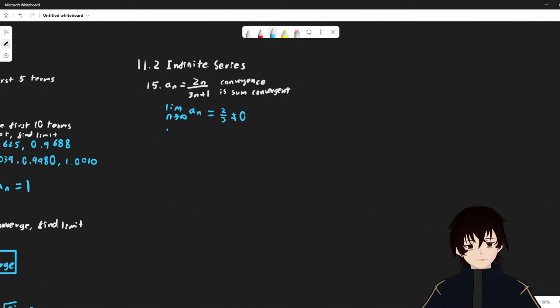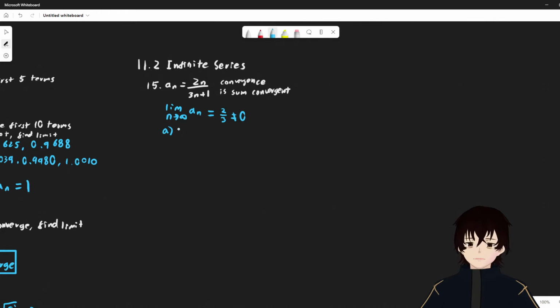Therefore, oh god, what do I call it? I remember we need to say therefore by the something definition, because the limit is not 0.